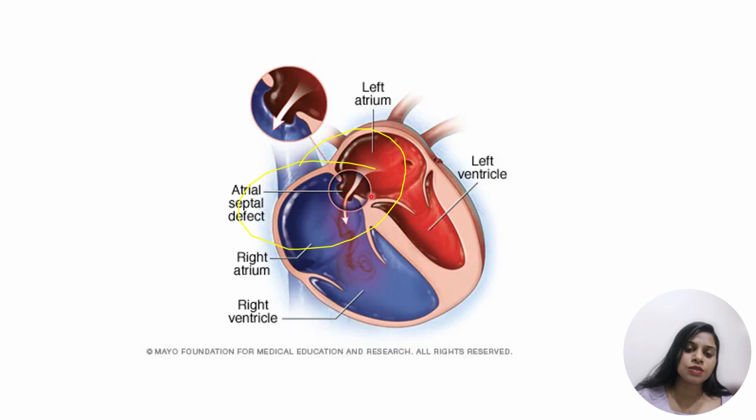You can see a small red color here in the right heart chamber, indicating the mixing of the blood. The blood is pushing from left to right through this defect. If there is a small defect, through the defect blood is going to the right heart chambers.